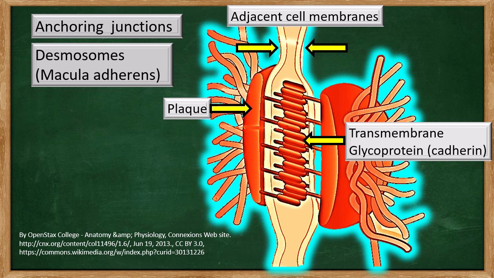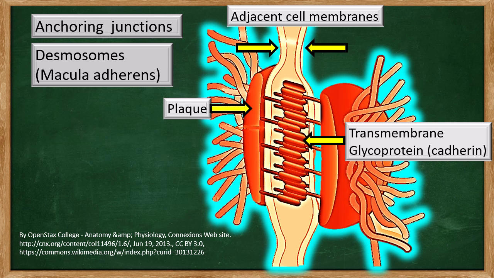They move from one plaque through the intercellular space and into the opposite cell membrane, pierce this opposite cell membrane, and then anchor. That means there is a cross anchorage between the two cell membranes using these rivet-like mechanisms.